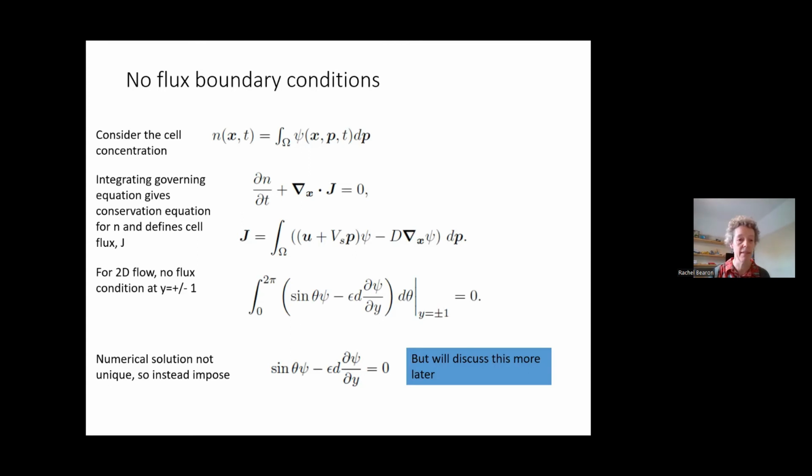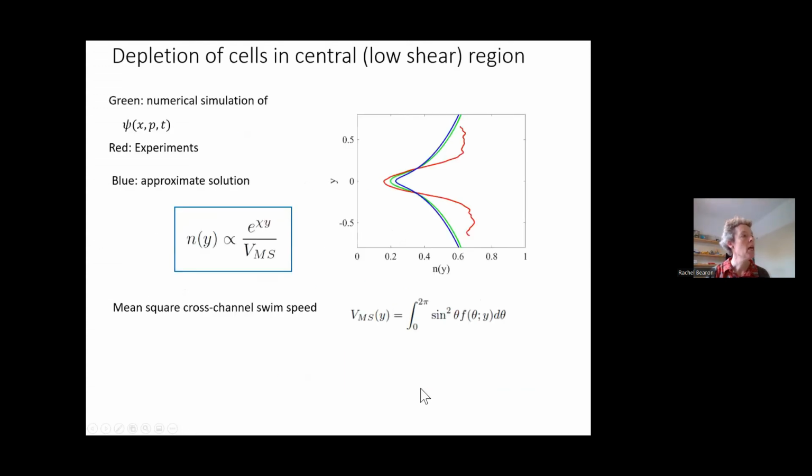But I think that creates some artificial boundary layers, which I'll mention a bit more later. So what we got out of that is solving that numerically. The green is the numerical solution. The blue is an approximate asymptotic solution, which I'll mention briefly, and the red is some experiments.